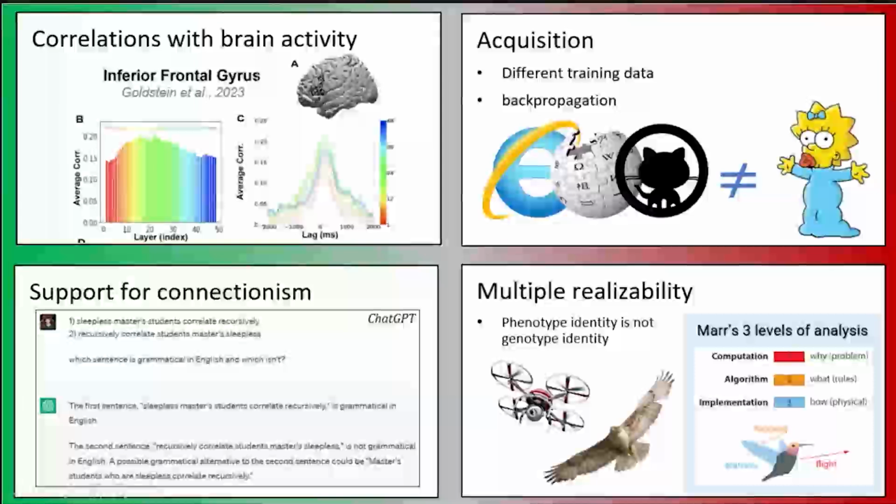Any problem has a computation: what problem is it trying to solve, right? Here the example is the problem of flight. We're trying to fly, but there can be two different algorithms to fly. Algorithm here, Marr just meant different rules, different ways it can fly. Birds fly by flapping their wings, but quadcopters fly by rotating their rotors.